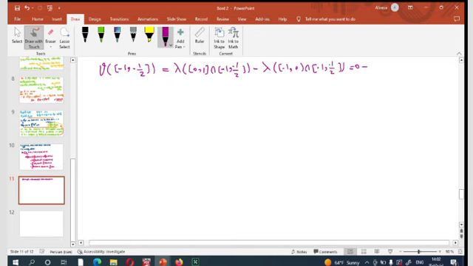and this is equal to lambda of this interval, and this is equal to 1 divided by 2, so that this is minus this, so that mu is negative number. Okay.